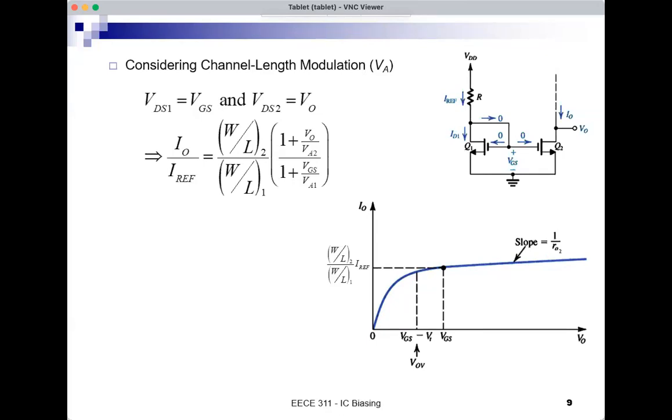Well, let's analyze. First, how would an ideal current source look? An ideal current source will give me a current that does not depend on the voltage, and therefore an ideal current source would have such characteristics, the horizontal ideal line.